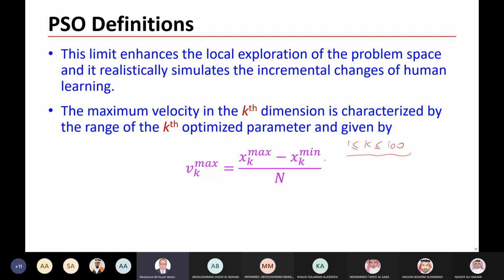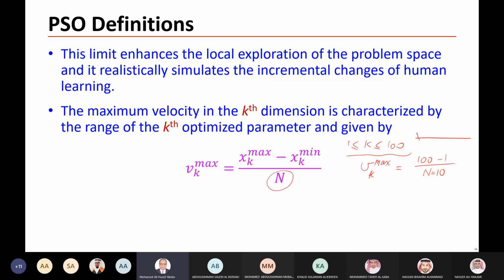So this is the maximum and minimum. So the maximum velocity in the dimension of k is (100 minus 1) over n, and n is the number of intervals that you can set. For example, n equal to 10.